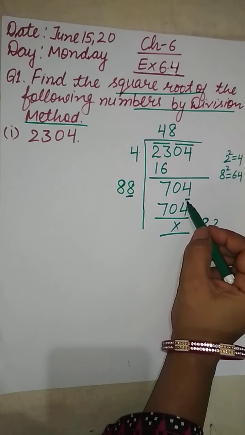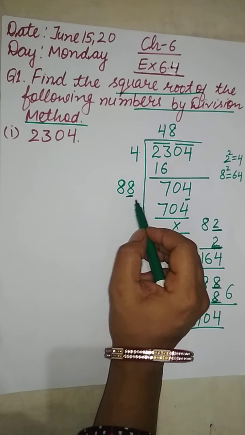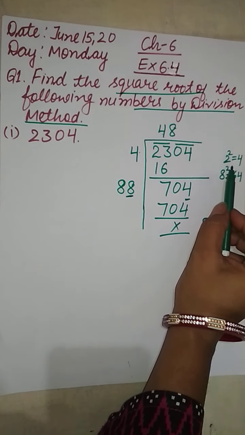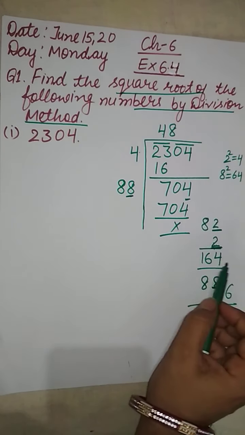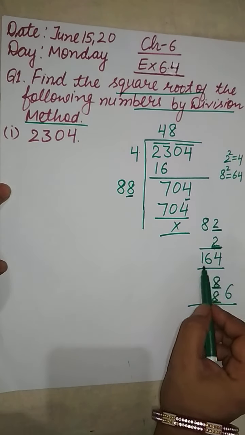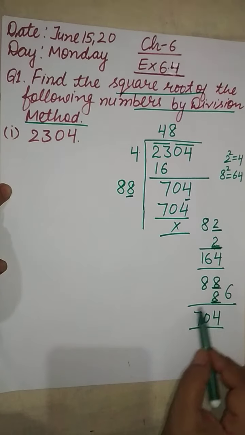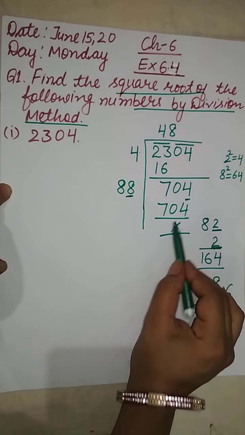From that we can guess the number which should be written here. As this is 4, I have only two options whose unit digit is 4: either 2 or 8. Firstly I multiply by 2, but the answer was 164. Then I try 8. The answer was 704, which is the required answer. And we got the remainder 0.